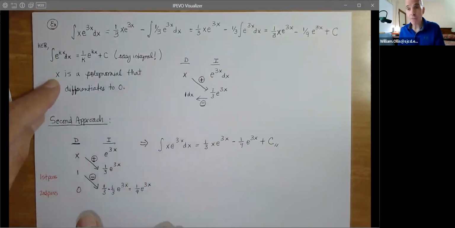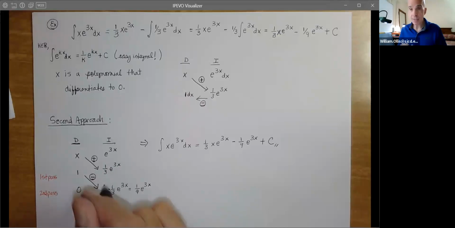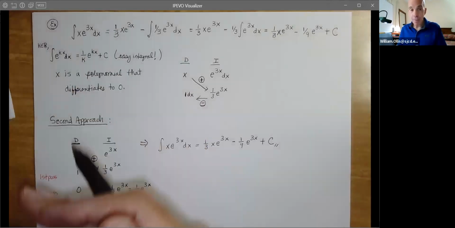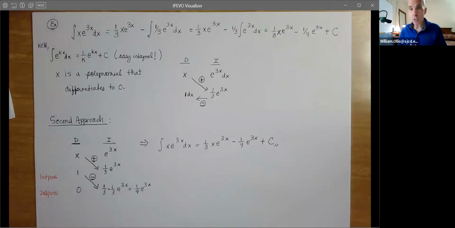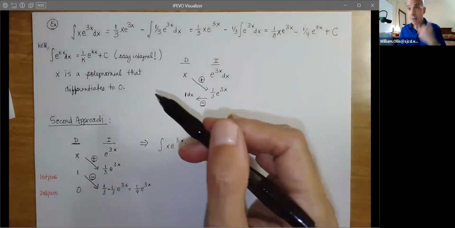So if we have a polynomial like we have here, x, because we know it differentiates to 0, and we have an easy integral that we can do over and over and over with little or no work, this method is the way to go. This is the Oliver Heaviside method that makes the process of reapplication of the parts formula very straightforward, without having to reassign like we do here again.